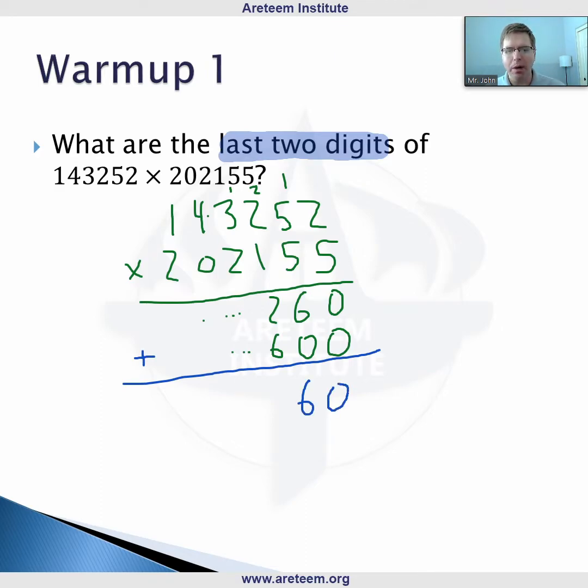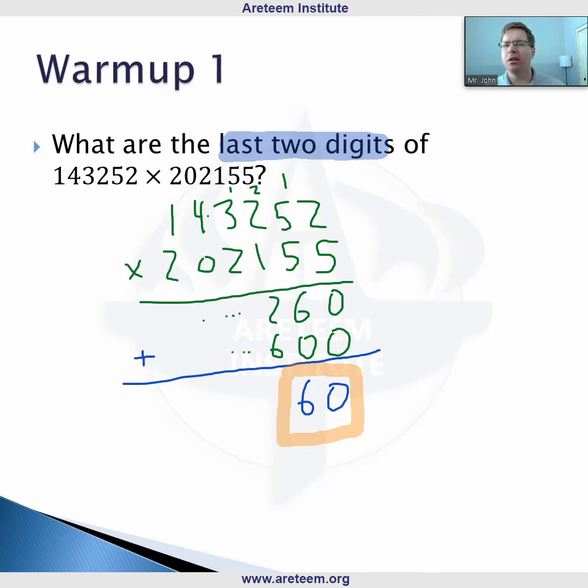We can already see just by what we've done that the last two digits are going to be 60 in this case. This shouldn't surprise you too much. When we're doing these algorithms for adding and multiplying, if we care about the last two digits, really only those last two digits are what matter.